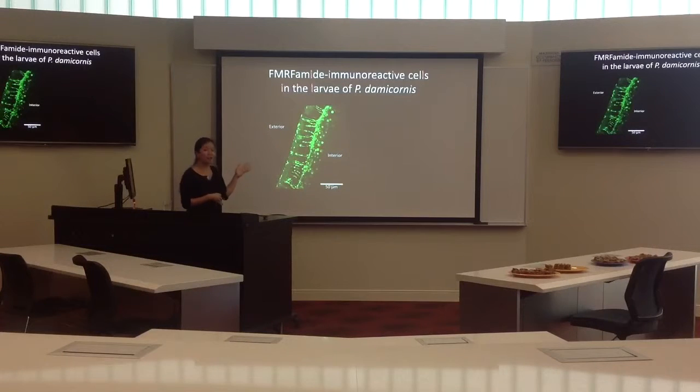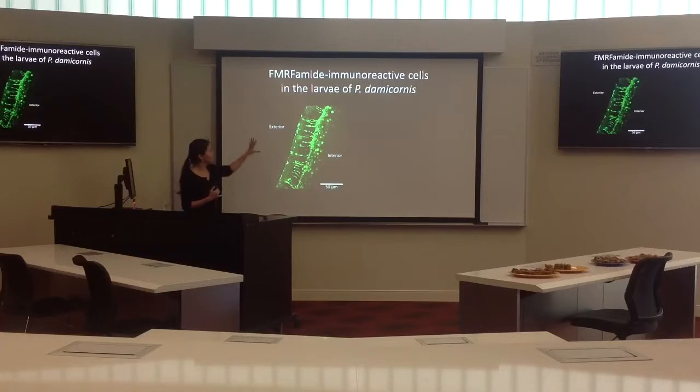Now, FMRFamide is a common neuropeptide associated with sensory cells in a lot of other invertebrate larvae. So I used an anti-FMRFamide antibody to stain the larvae of Postdoctoral to see whether I can differentiate any particular sensory cells at the aboral end.